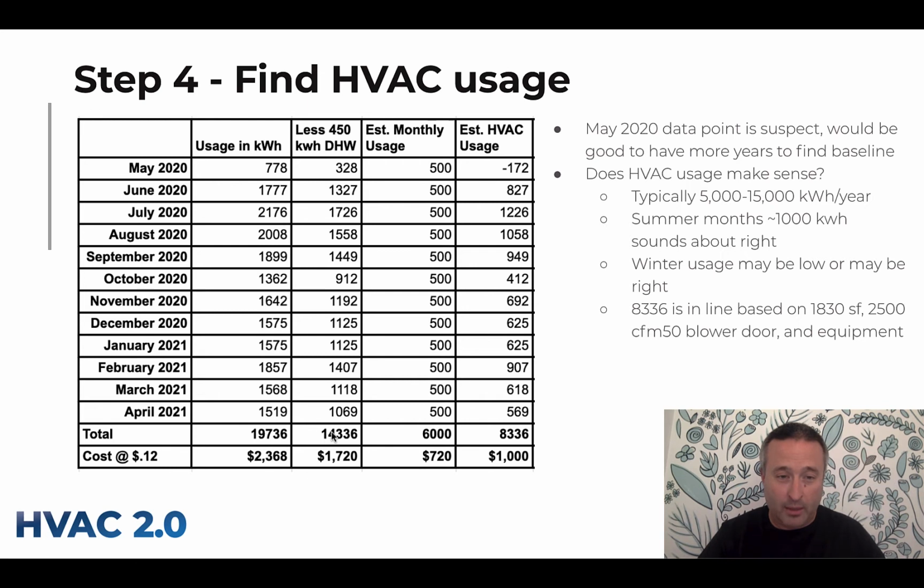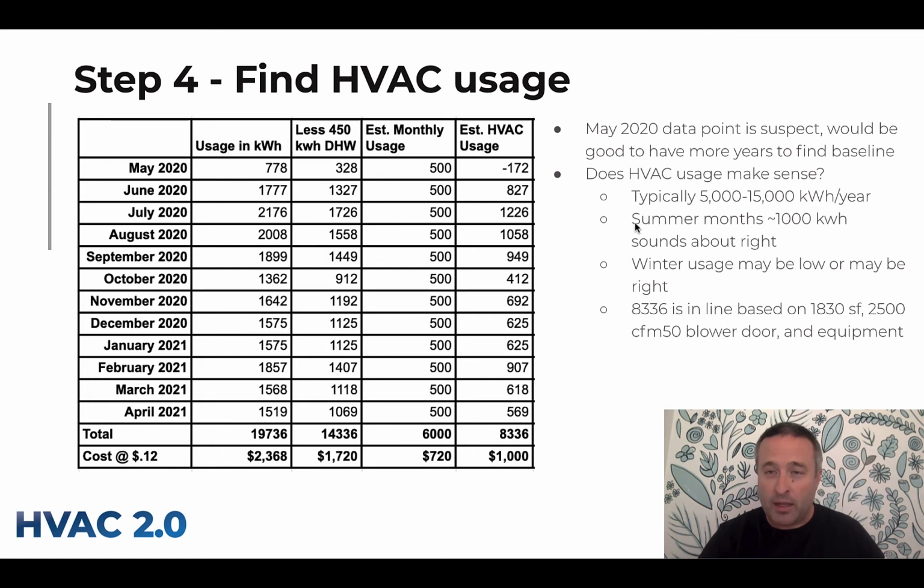We subtract out the water heater, and we're down to 14. We subtract out the 6,000 for the baseline usage, and then we come down to about 8,300. Now, again, this is not going to be dead on, but it's going to get you in the ballpark.